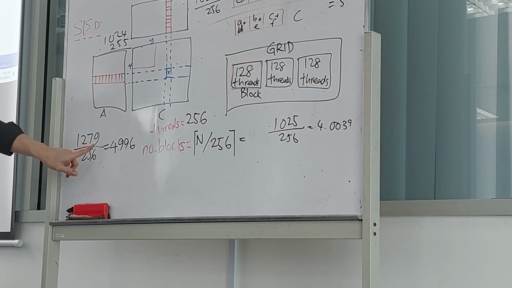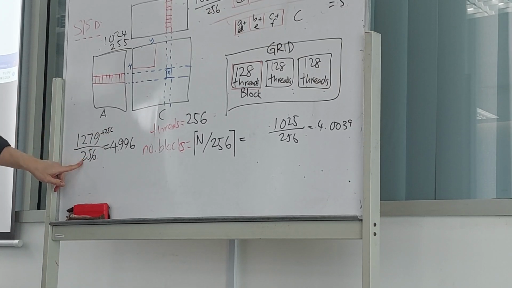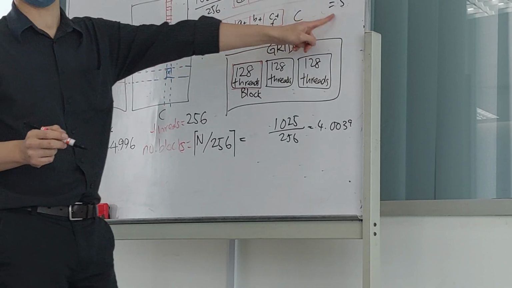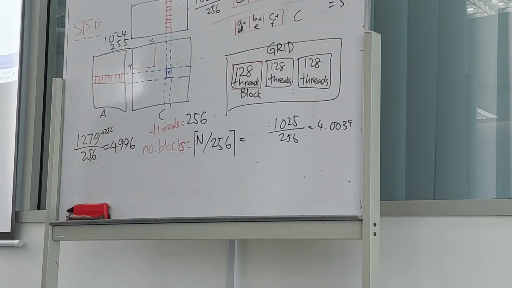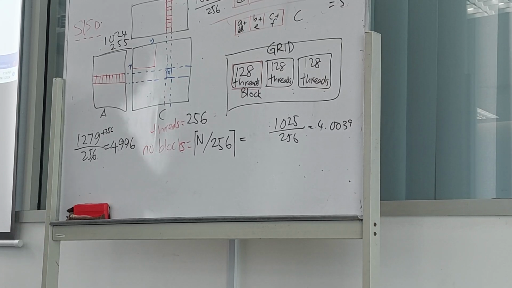Sorry, it is incorrect, right? Now, if I add 256, what is going to happen? And then I divide. I expect to get something similar. I take this number, add to this, and I divide by this. I expect it to be 5. What do I get? Huh? 5.996. Are you sure it's 5.996? 1279 plus 256 divided by 256. What do I get?